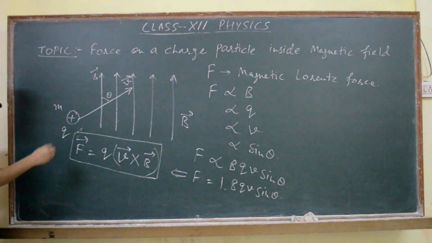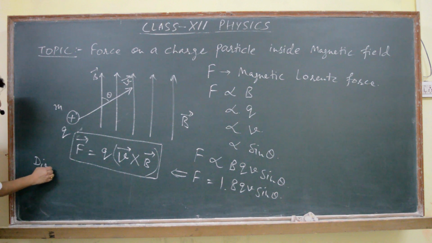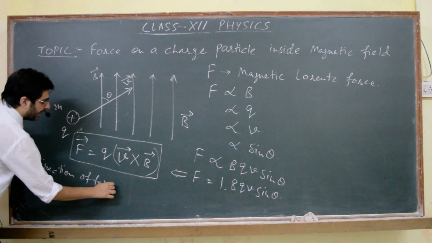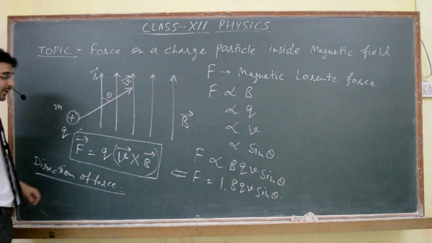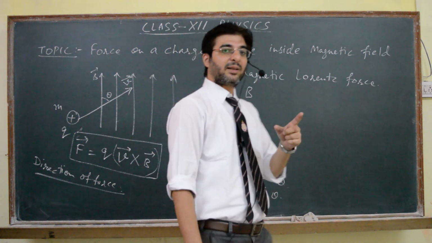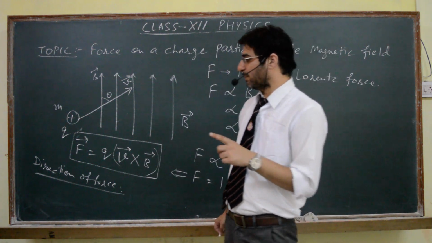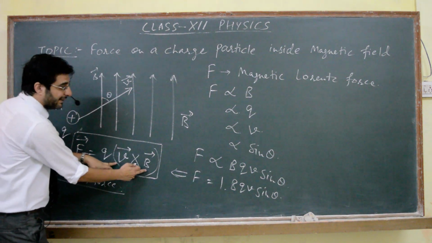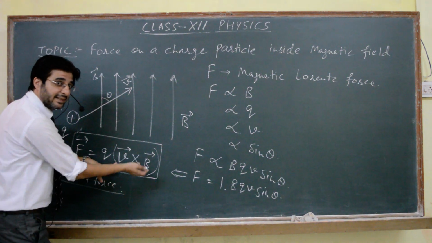Now if we talk about the direction of force, we know about the resultant of a vector product. The resultant of a vector product is always perpendicular to both the vectors of which it is a cross product.